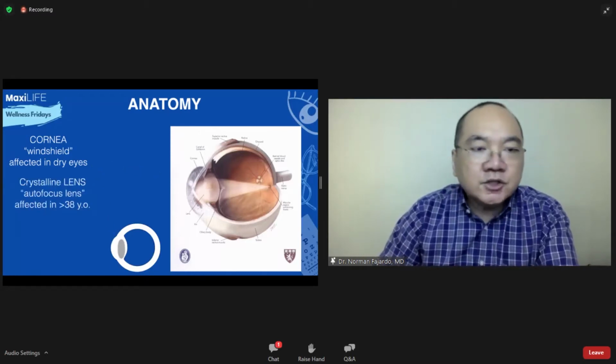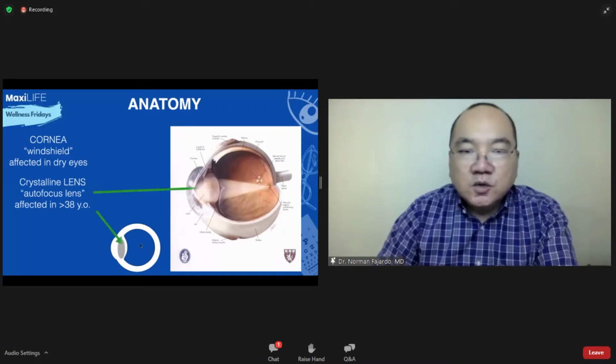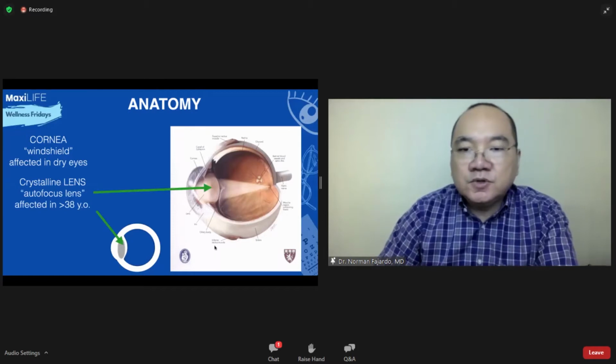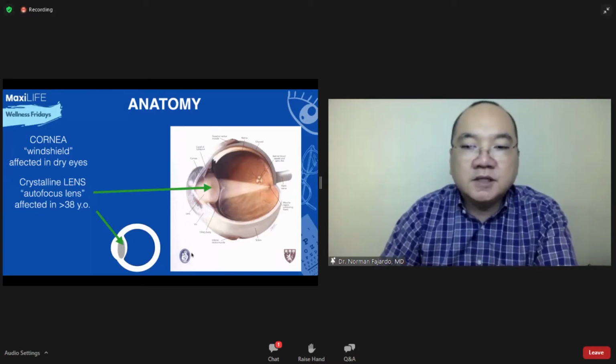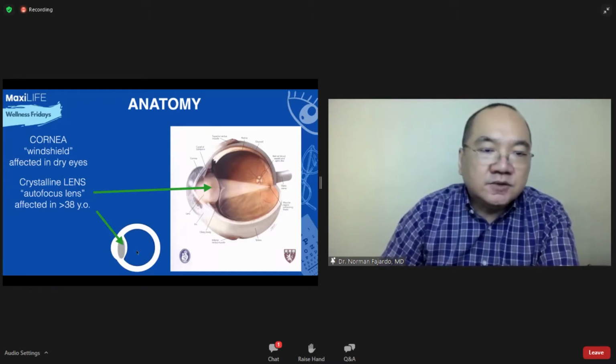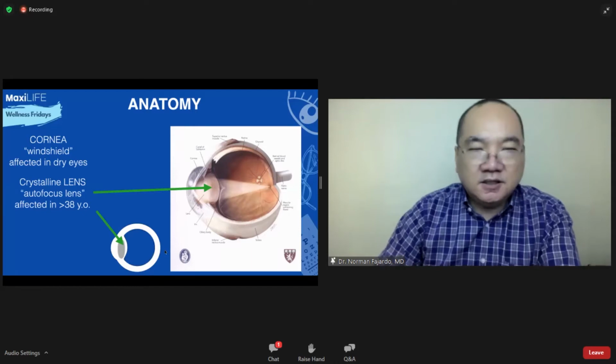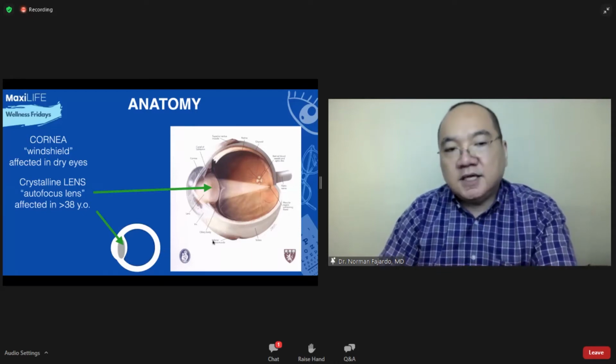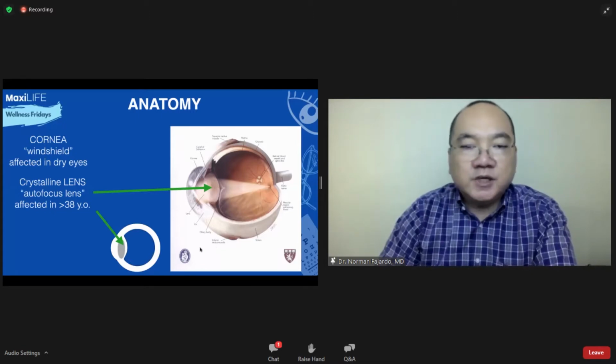The next important structure is the crystalline lens, which is this part here. This is actually the autofocus of the eyes. It changes refractive power whenever we look at different objects at different distances. It is really affected in a 38-year-old individual, so that in that case, we start having presbyopia already at that time.